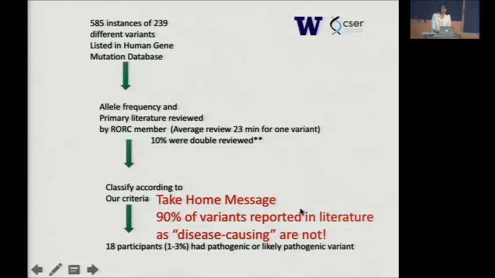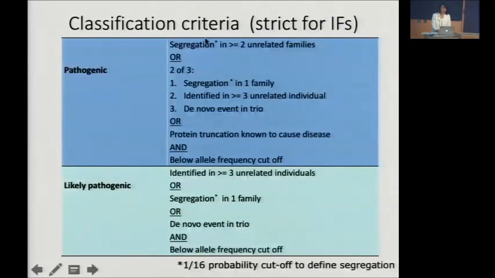Okay. And the reason for that is because we use very strict classification criteria of when to call something pathogenic. So again, we're talking about a healthy person. They don't have the disease, but we're saying we're going to give them a disease based on their genetic finding. So we had a very high bar, strict threshold to say that someone had a pathogenic variant.